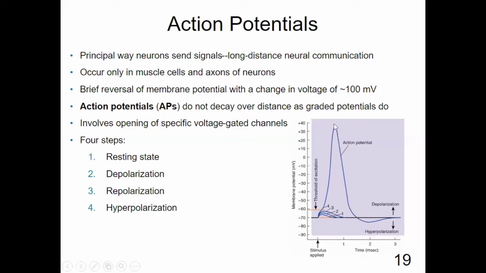The repolarization is this downward deflection of the action potential as the cell goes back down towards its normal resting membrane potential of -70 millivolts. You see this downward deflection at the end of the action potential. This is called hyperpolarization, and then the cell returns to that resting membrane potential.